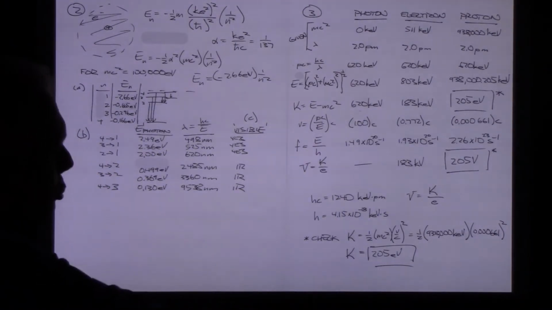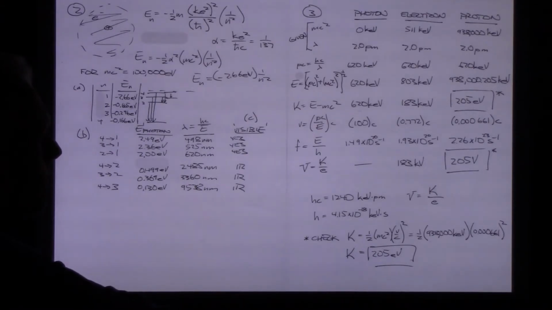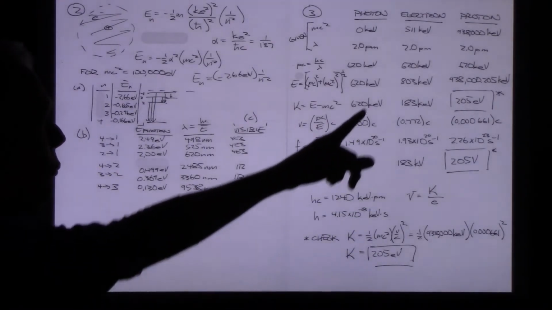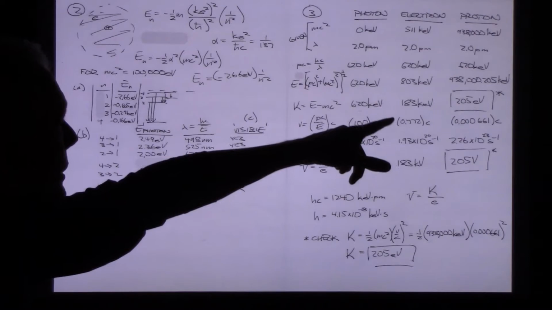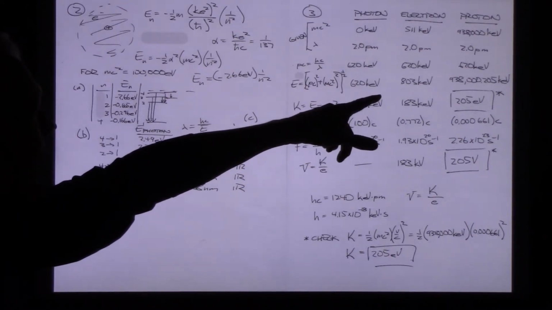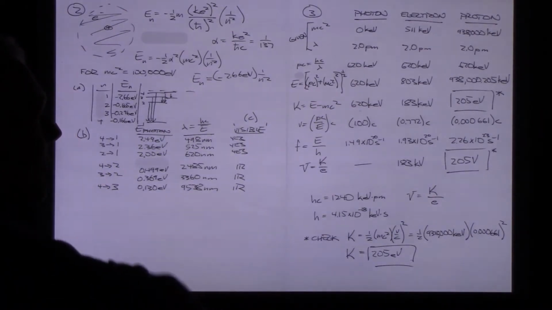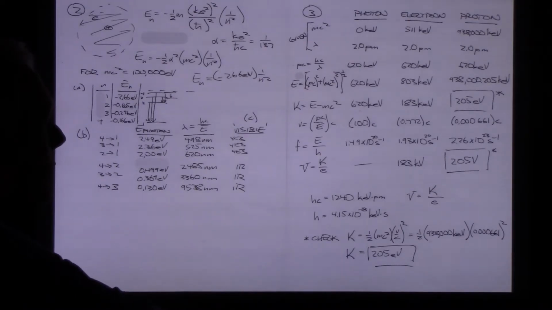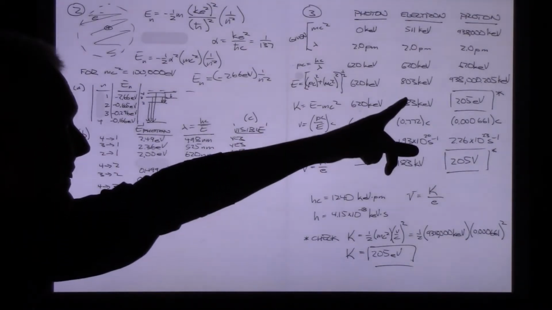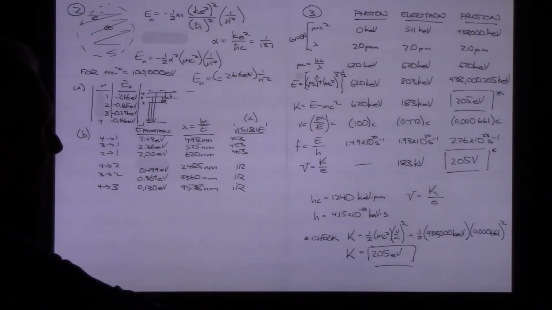Now for the proton, that ratio of 205 divided by 938,000.205, and that's in keV, that's going to give me 0.000661 times c. In fact, I'm actually a little nervous about that number. I've got to go back and double check it.